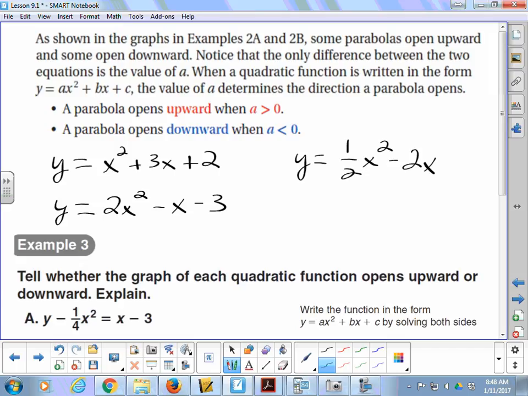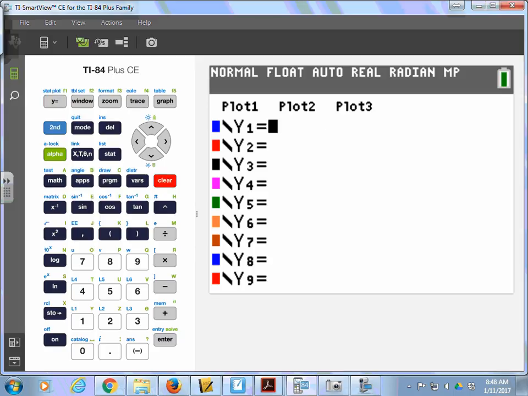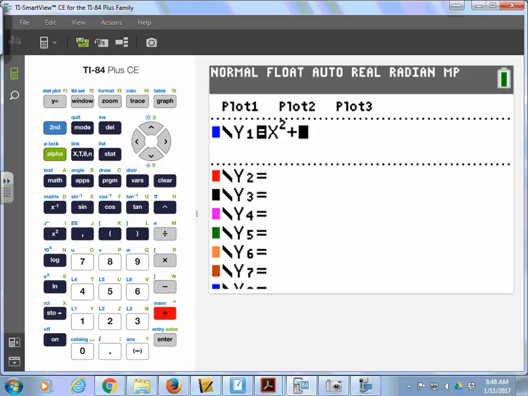All right, now I want you to do this. This is how you do it on the calculator. Make the first number negative on all of them. Hold on, don't clear anything. I'm going to tell you how to do this the easy way. I don't know what they are, so I'm just going to put something in here.